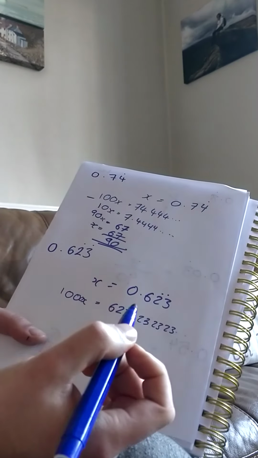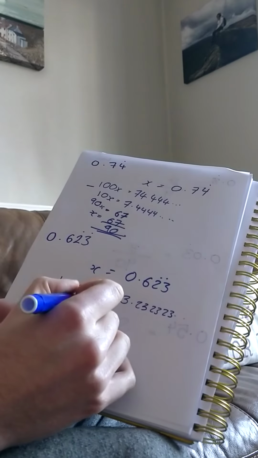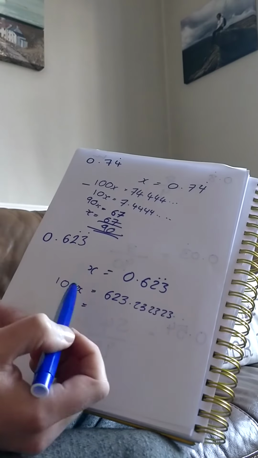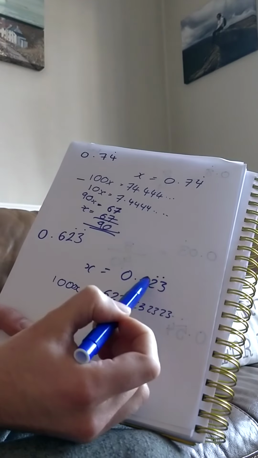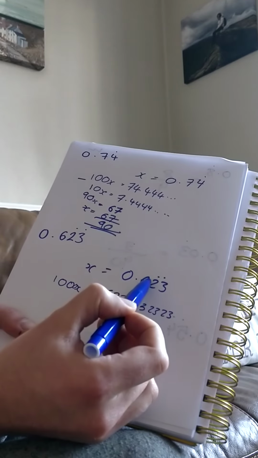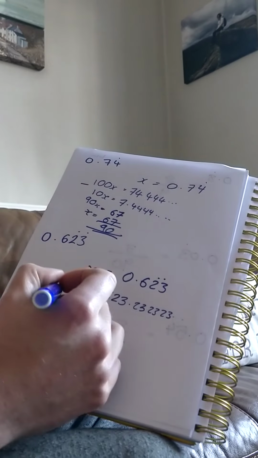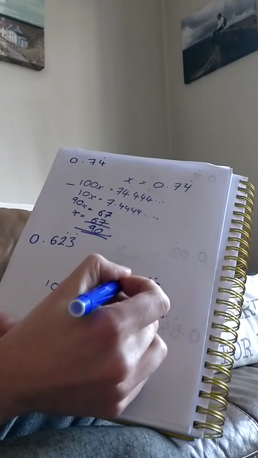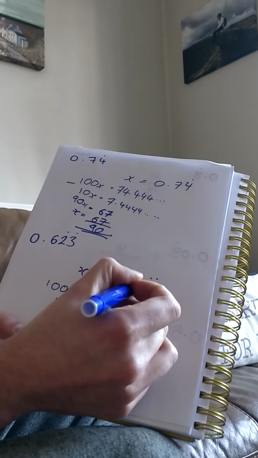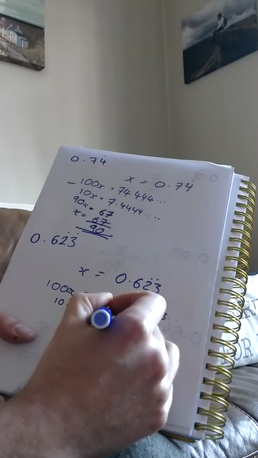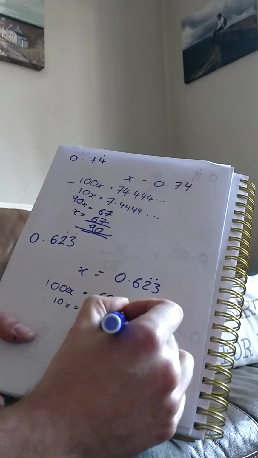And now the last thing we need to do is figure out what we need to take away. Because it's the 2 and 3 that are the repeated bits, I only need to move the decimal place once. If it's just once, I only need to times it by 10. That would mean the decimal point moves to between the 6 and the 2, so we've got 6.2323.